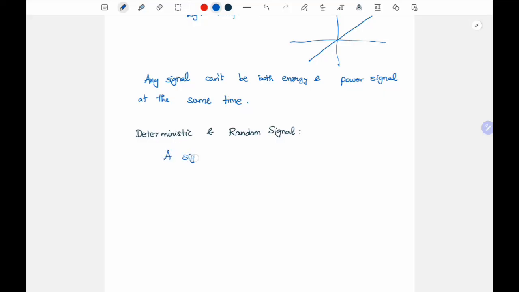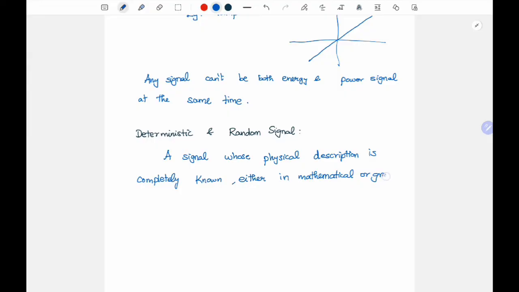A signal whose physical description is completely known, either in mathematical or graphical form, is called a deterministic signal.